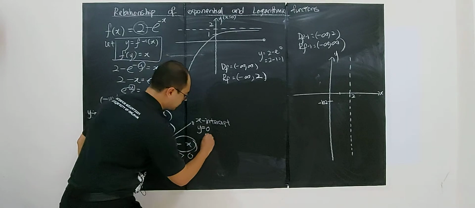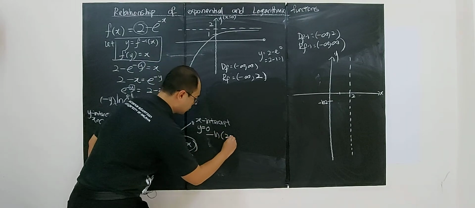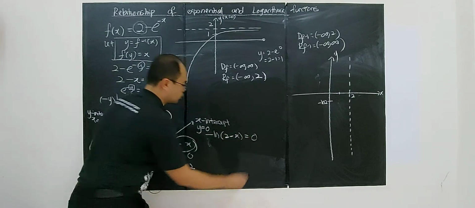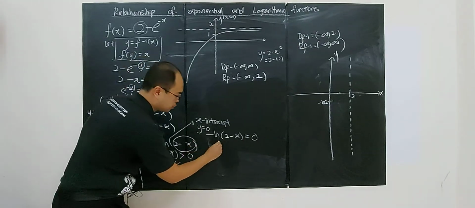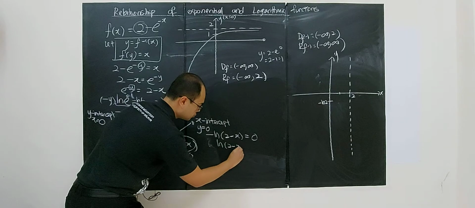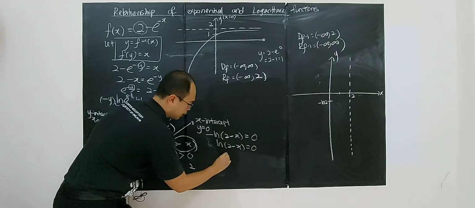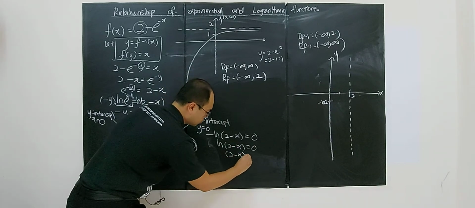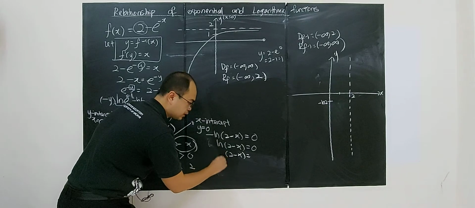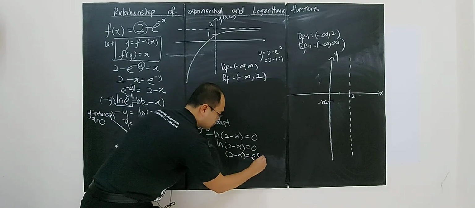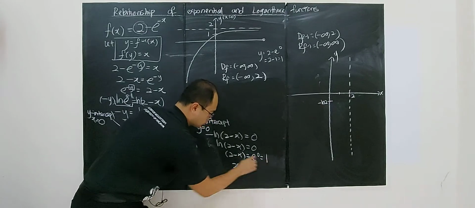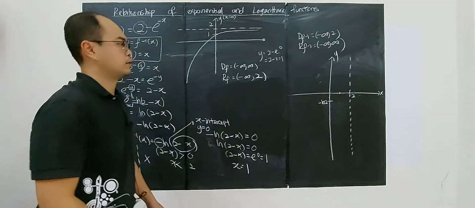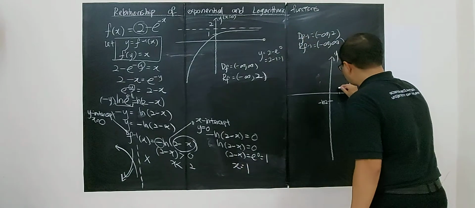So negative ln of 2 minus x will be equal to 0. If you divide 0 by negative 1, you have 0. And 2 minus x will be equal to, ln is log to the base e, e to the power of 0, which is 1. And you have x equals 2 minus 1. You have x equals 1 here. So it means they will intercept at 1 here.